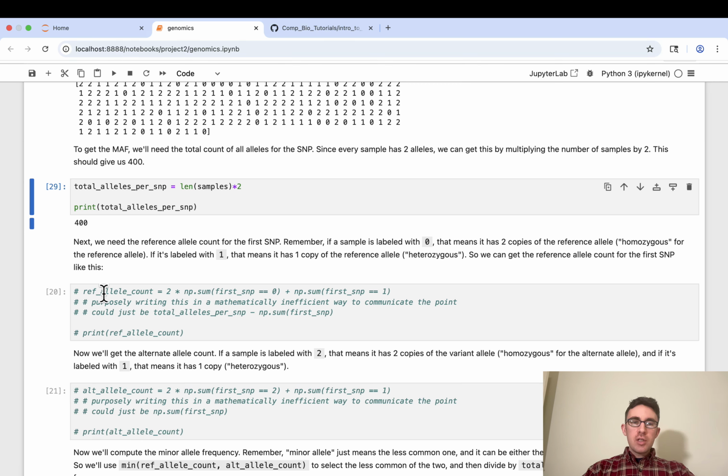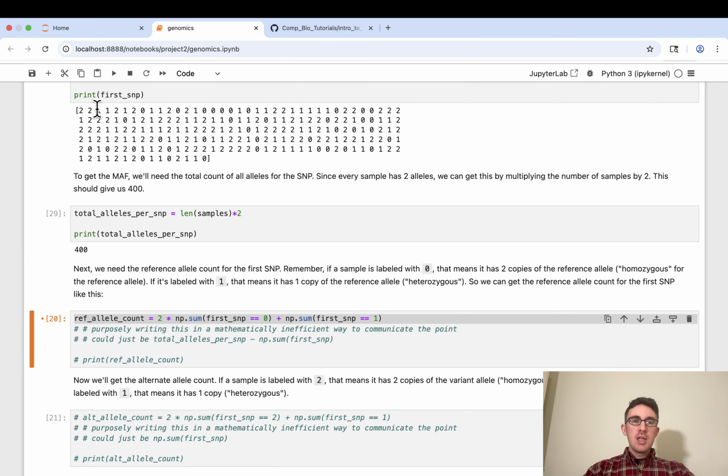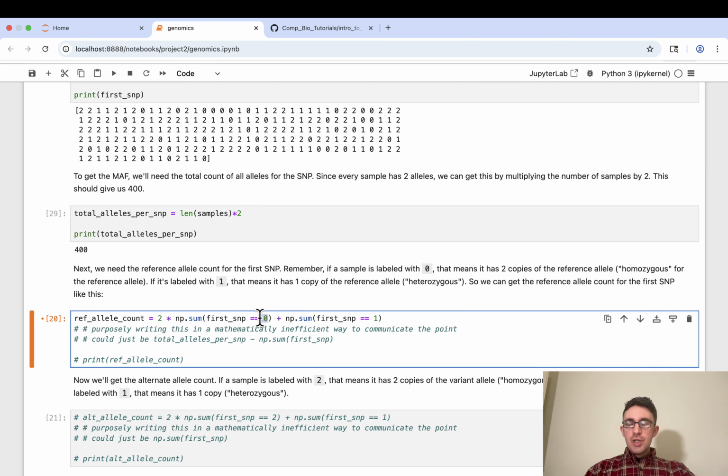We're going to check each element in this SNP array, and if it's a 0, that means they have 0 copies of the alternate allele, which means they must have 2 copies of the reference allele.